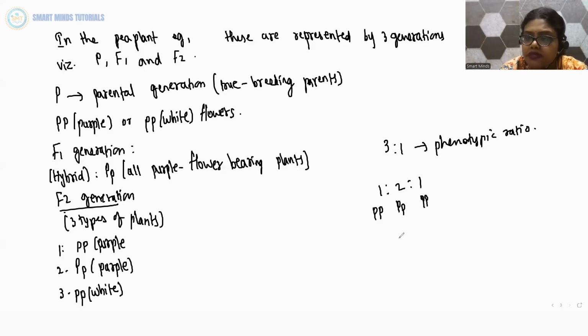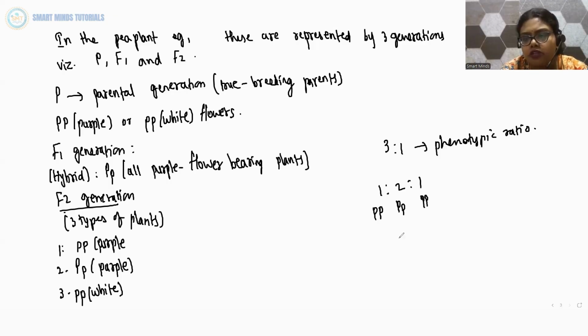So this depicts the second law of Mendel, that is law of segregation of genes, because the alleles present in F1 plants were segregated and each gamete received only one of them. So these gametes combined together in F2 generation to give 3:1 ratio of purple to white flowers, as depicted by the Punnett square representation.